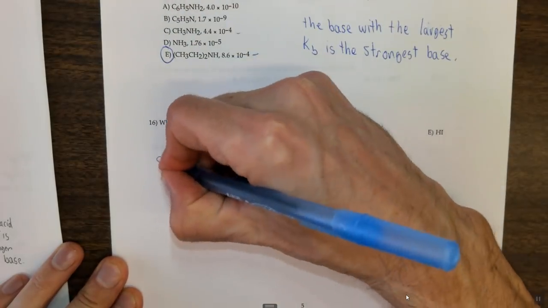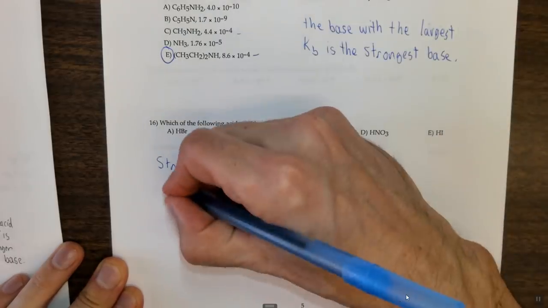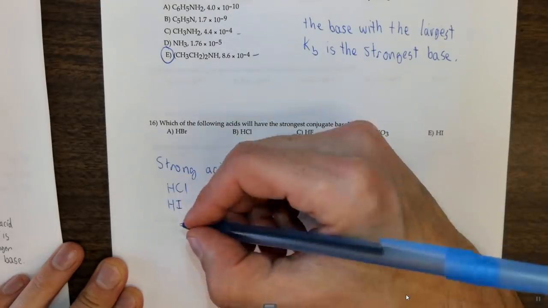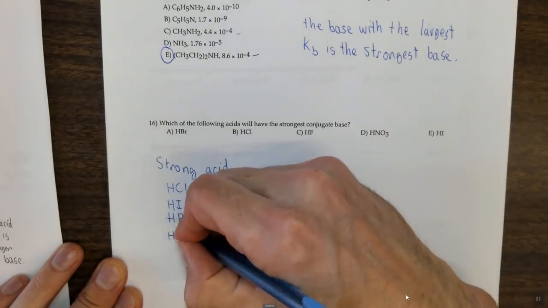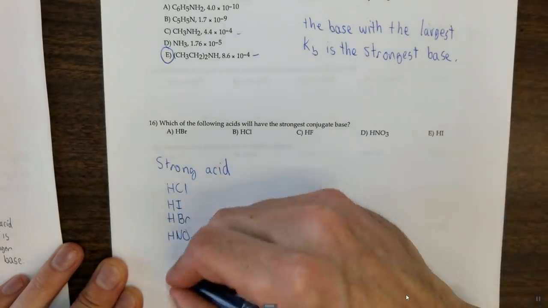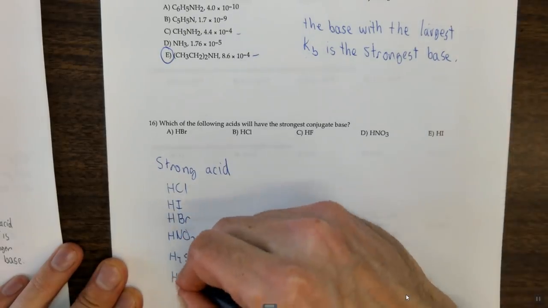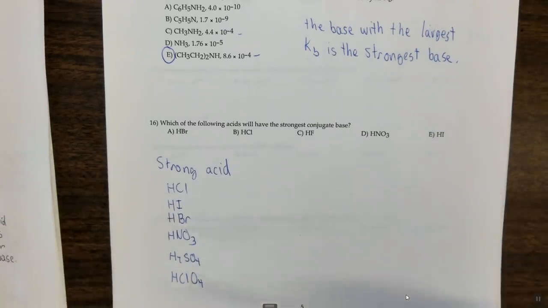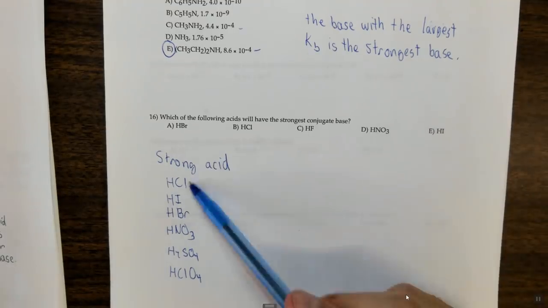The strong acids are HCl, hydrochloric; HI, hydroiodic; HBr, hydrobromic; HNO3, nitric acid; H2SO4, sulfuric acid; and HClO4, which is perchloric acid. Sometimes you'll see on this list HClO3, which is chloric acid, which is also a pretty strong acid. So these are all strong acids.